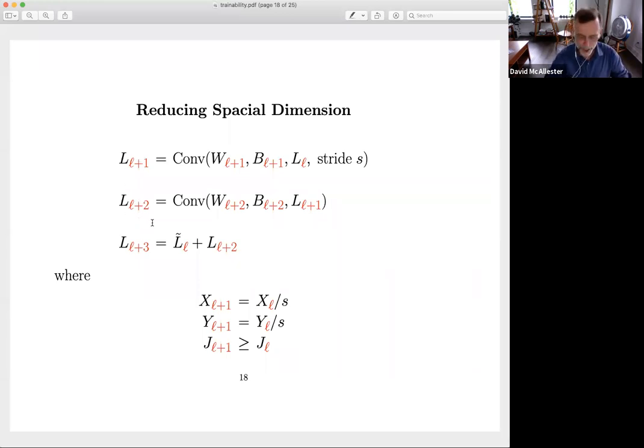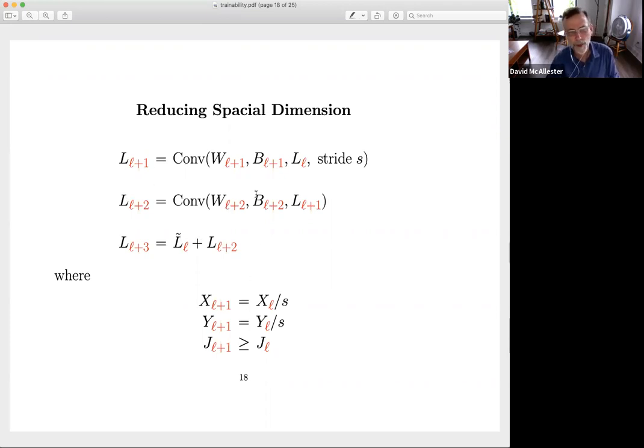And then the equation I had before wants me to add L1, which had a different spatial dimension, to this layer, which has different spatial dimensions. So what we do is we take the input layer and we adjust it to match the spatial dimension that we just created by the stride.